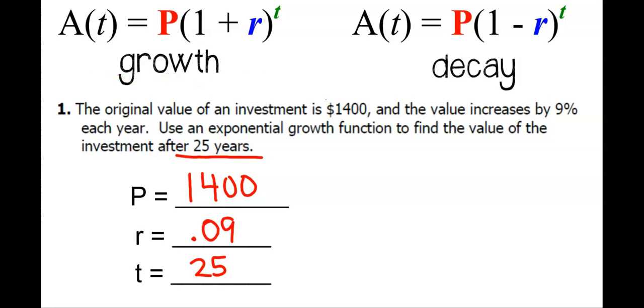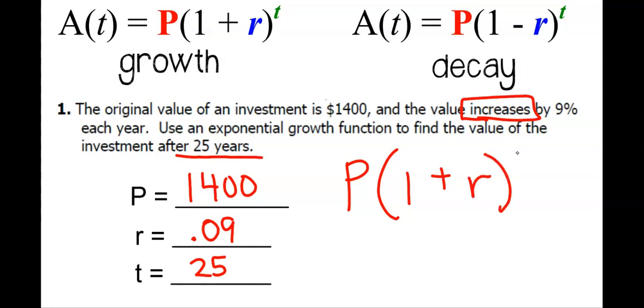Well, since we know that we are increasing, we are going to choose a growth formula, which means that I will erase and replace the P, I will erase and replace the R, and I will erase and replace the T. So my principal amount is 1,400. My rate, without the percent sign, is 0.09, and my T value, or length of time, is 25.